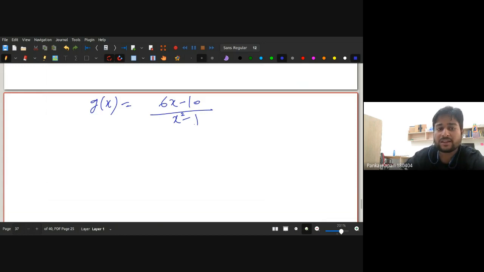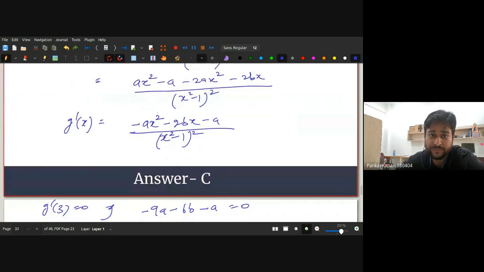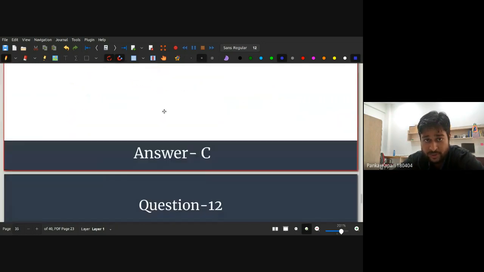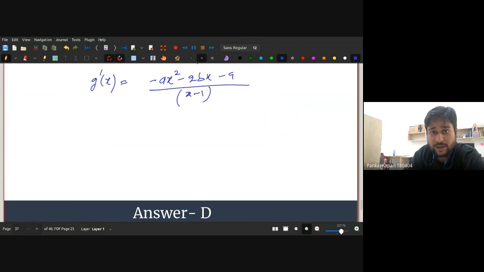Okay, and the derivative we also have calculated, because we will need that. So what was the derivative? Right, so this was the derivative. It is minus ax square minus 2bx minus a divided by (x minus 1) whole square. But now we know that a is 6 and b is minus 10.